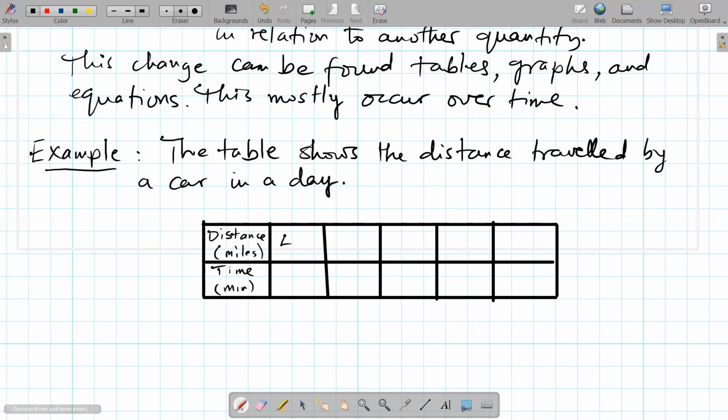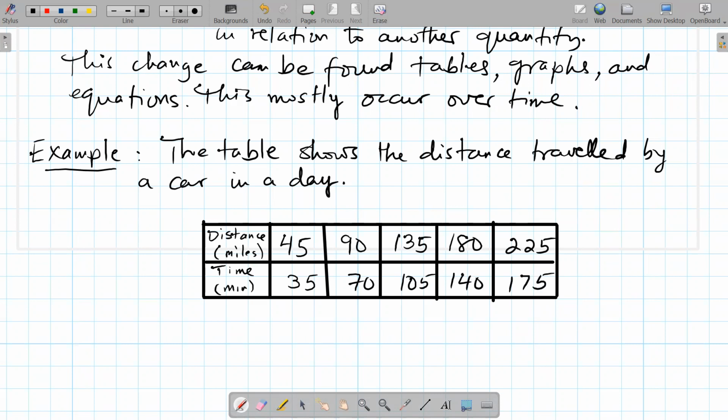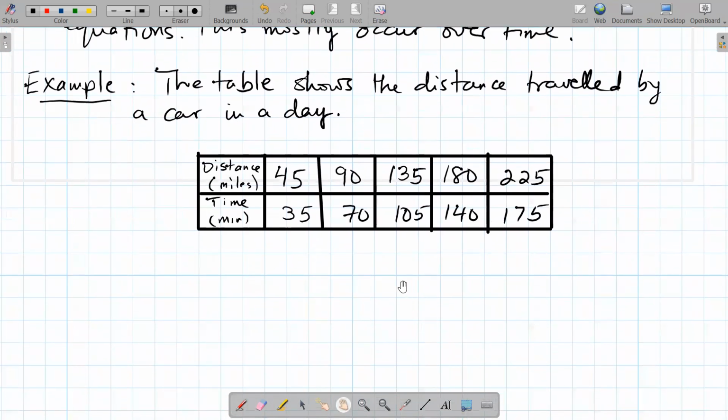So I have 45, 90, 135, 180, and 225. Now with the time, I have 35, 70, 105, 140, and 175. Okay.